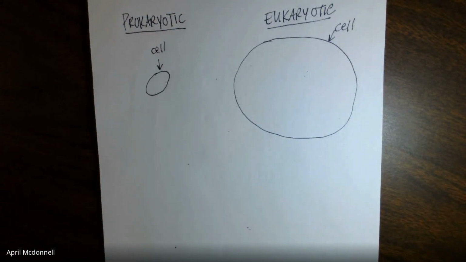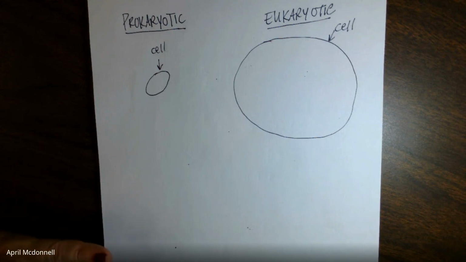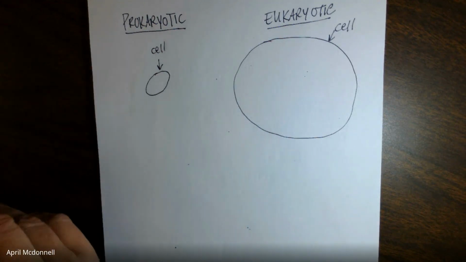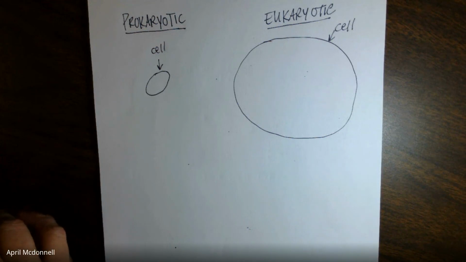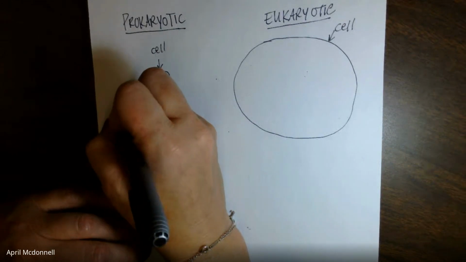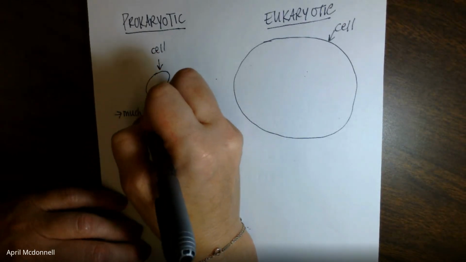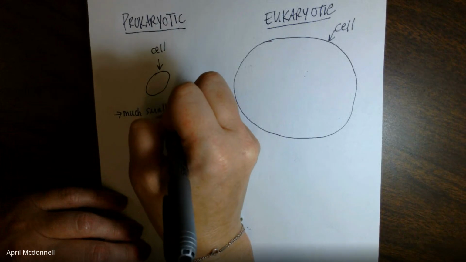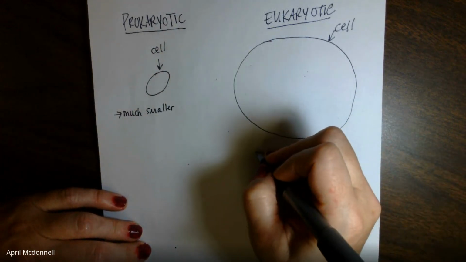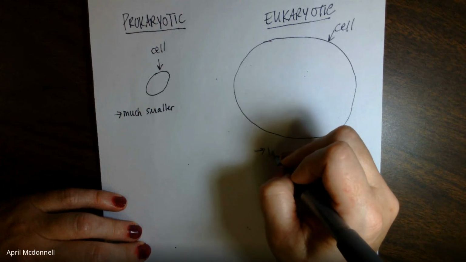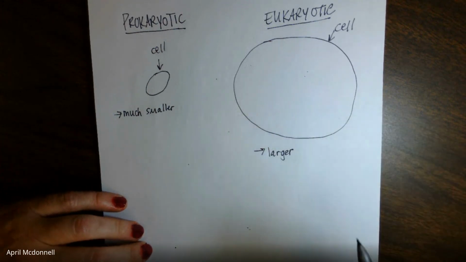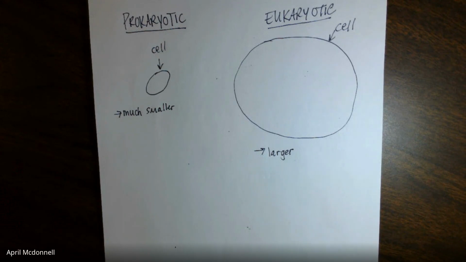One difference that you see right away between the prokaryotic and eukaryotic cells would be that prokaryotic cells are much smaller, and eukaryotic cells are much larger. That is going to be one difference that distinguishes prokaryotic from eukaryotic cells.